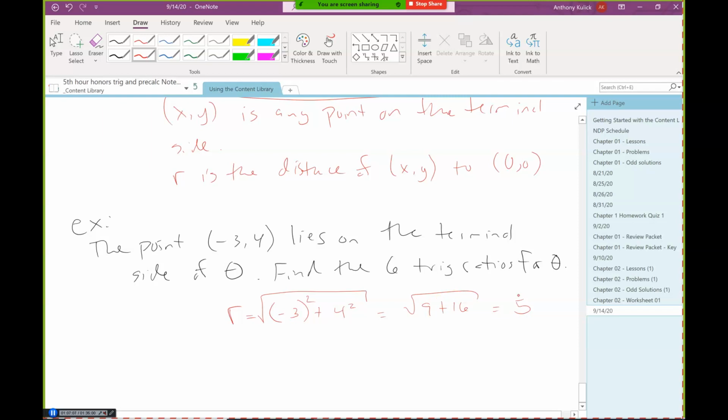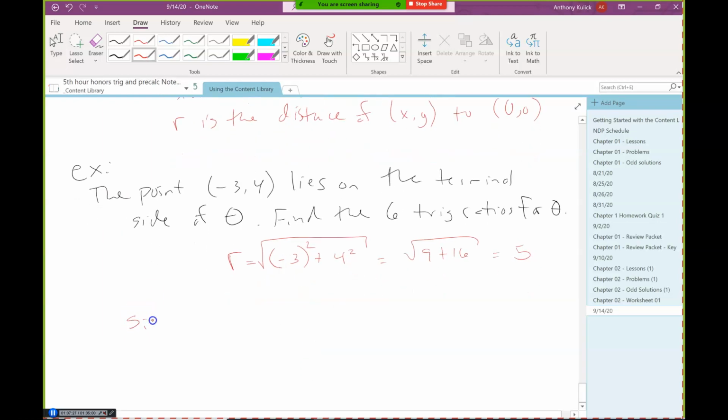So r is just the distance from that point to the origin, or basically the square root of x squared plus y squared. So that's the square root of 25, or just 5. Everybody's okay there?